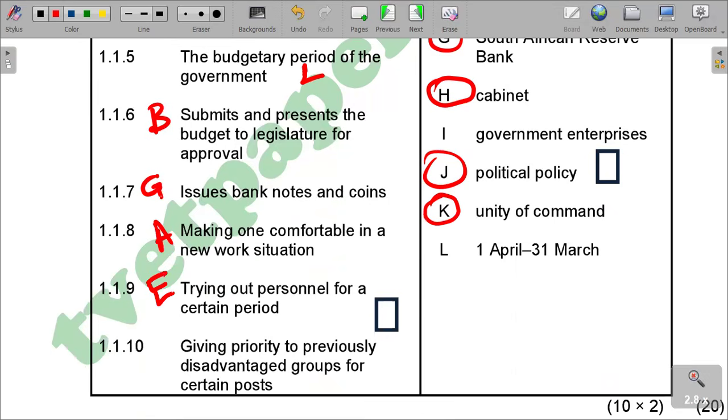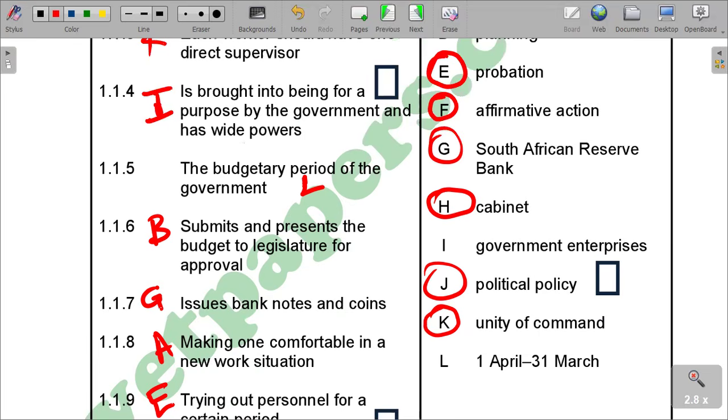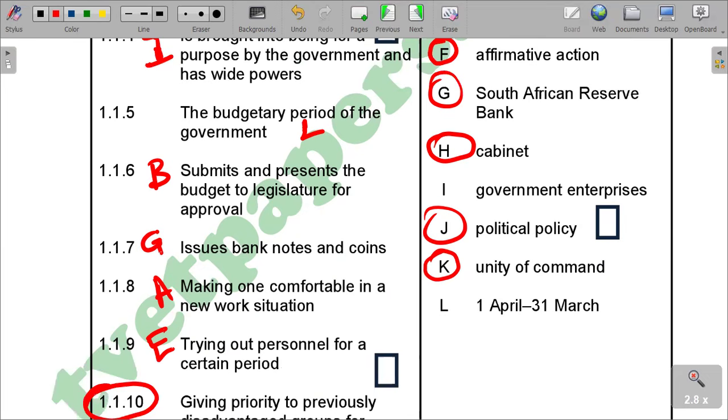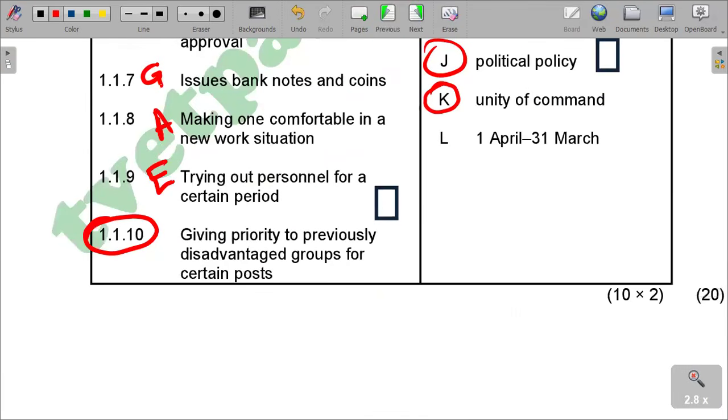So number 10 is affirmative action, which is F. Affirmative action works to ensure that individuals in a society are comprehensively included into the economic framework of the country.